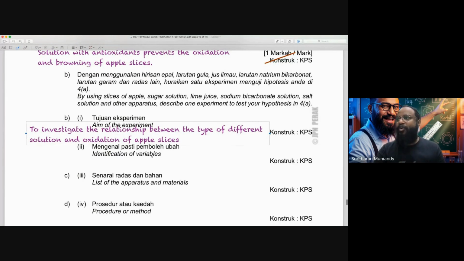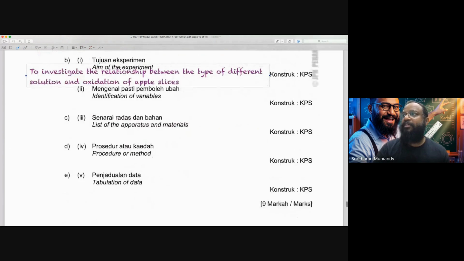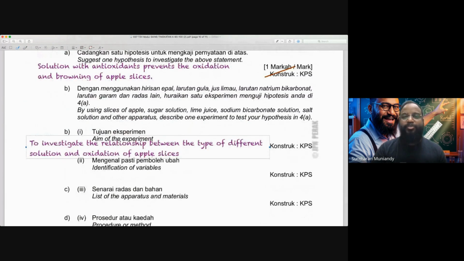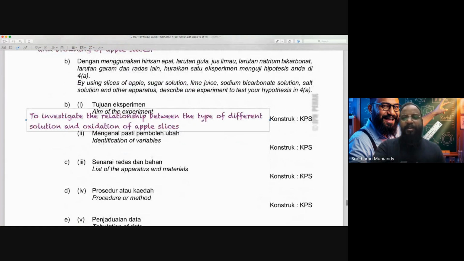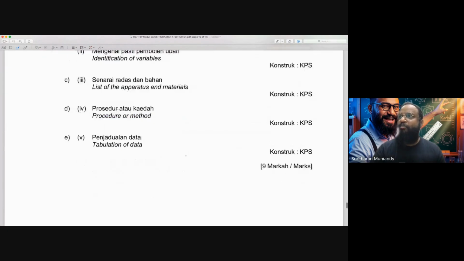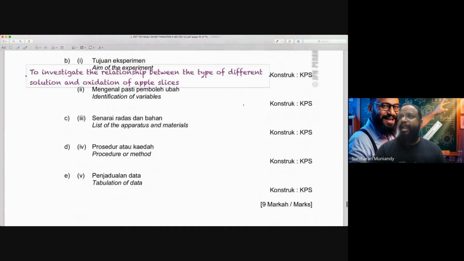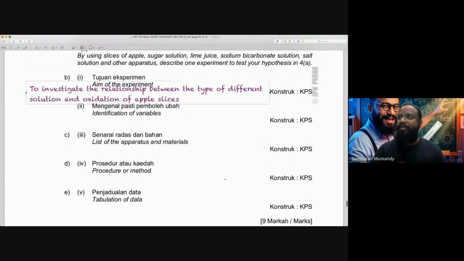Variables, how many marks for variables? Should be 3 marks for it. Sorry, 2 marks. Depending here they did not show marks. 9 marks altogether, so they didn't break down for you.